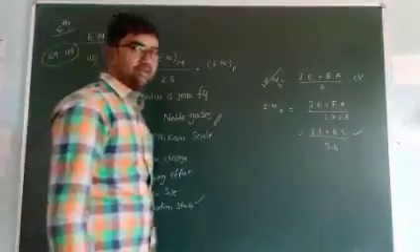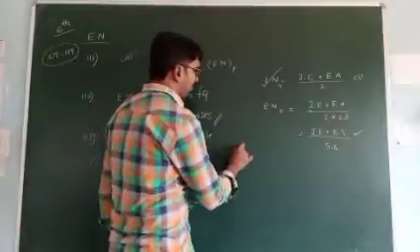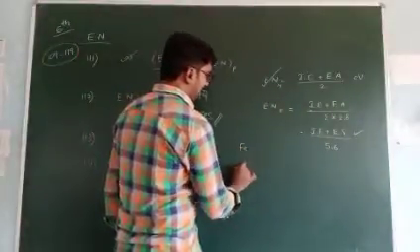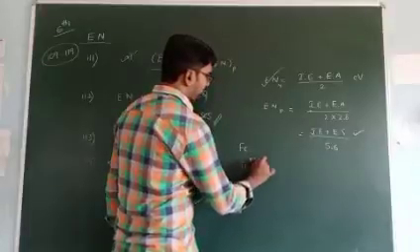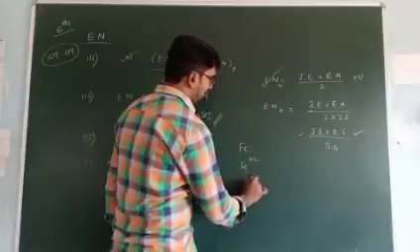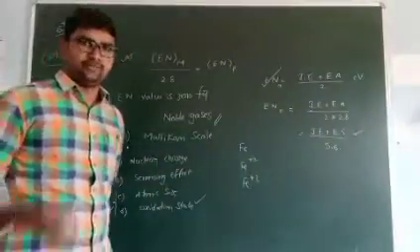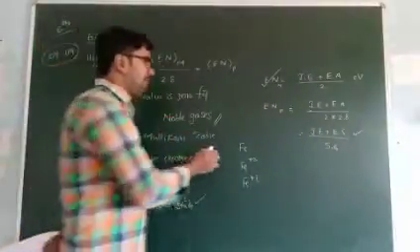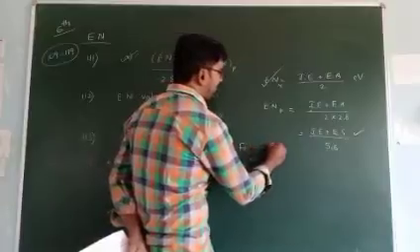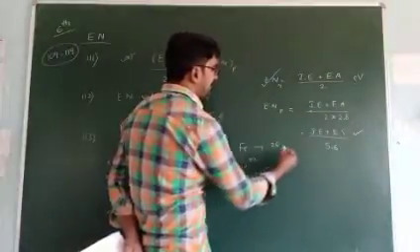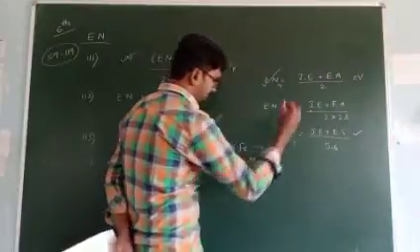I already gave one example for this. For example, Fe plus 2 and Fe plus 3 are given. Now, which one shows the highest electronegativity? It is very simple. What is the iron atomic number? 26. 26 means it contains 26 electrons.